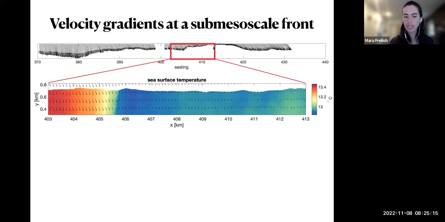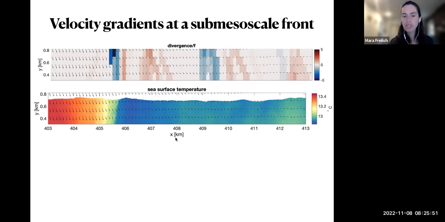So I'm going to focus here, because of the aspect ratio of this, on just a smaller region that is a frontal region. In this frontal region, we have, from the infrared camera on board MASS, sea surface temperature that shows really rich spatial structure and also shows a fairly large front on small spatial scale. So here we're looking at a 10-kilometer segment, and we're seeing about a 0.6 degree jump in the sea surface temperature. And I've plotted the velocities on that as well.